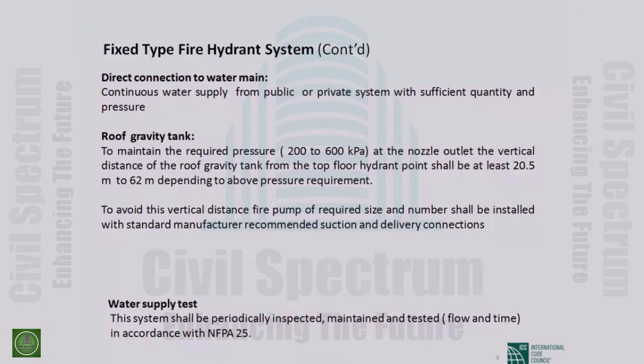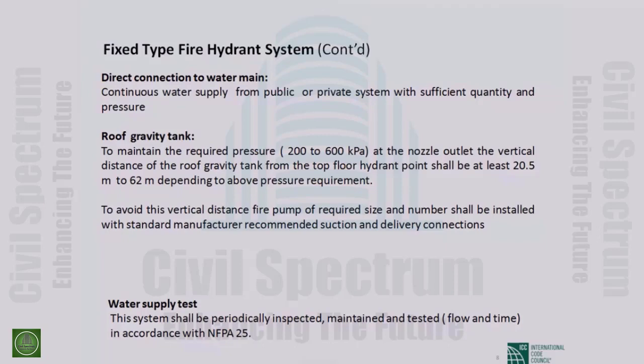Okay. Then the water hydrant system can be directed to that main which I told you about, and you make the direct connection with the roof gravity tank. Actually, you need the pressure at the nozzle tip, which is 200 to 600 kilopascal. If you have a nozzle for the first aid firefighting system, used by the inmates of the building, if their hose is around 38 millimeter diameter, then the pressure at the tip is 200 kilopascal.